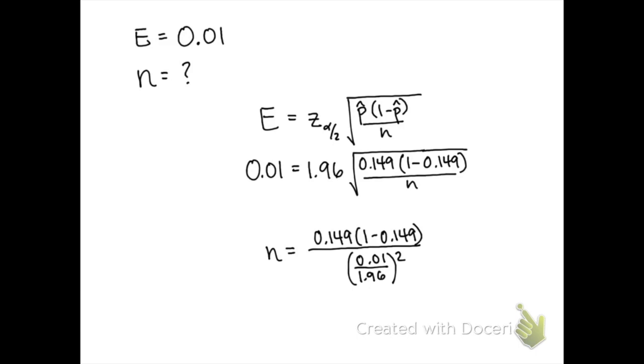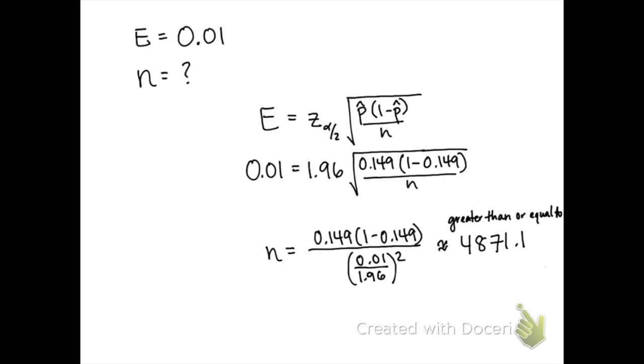Using algebra, we can find that n is equal to 0.149 times 1 minus 0.149 divided by the quantity 0.01 divided by 1.96 squared. This is approximately equal to 4871.1.